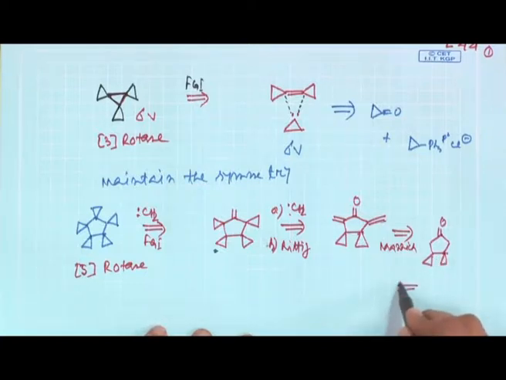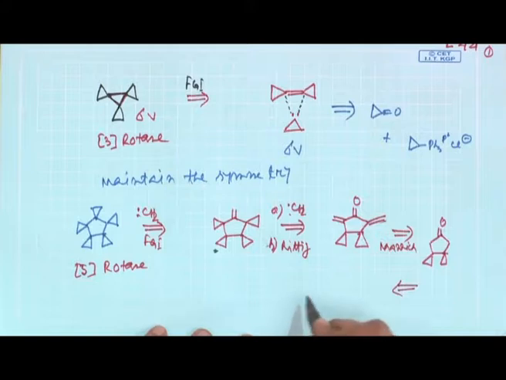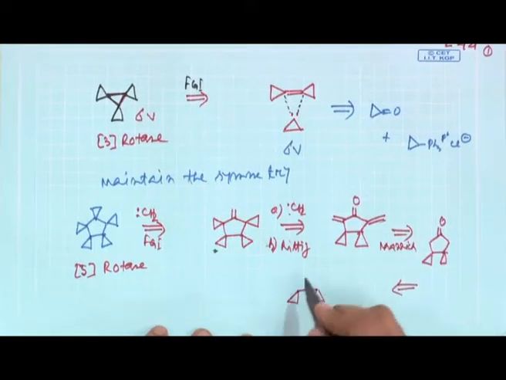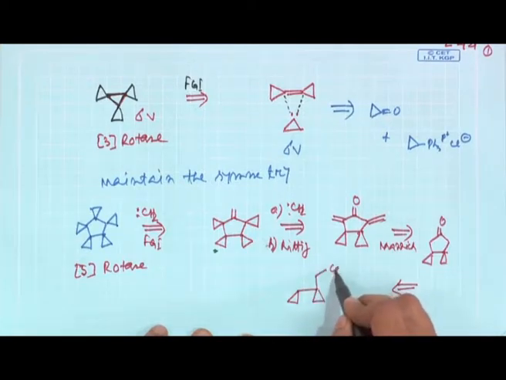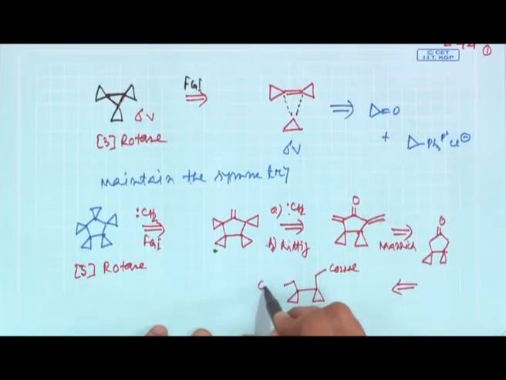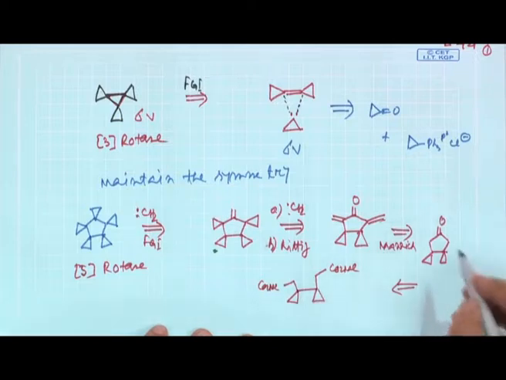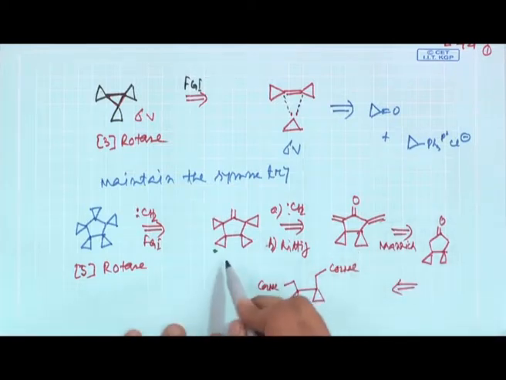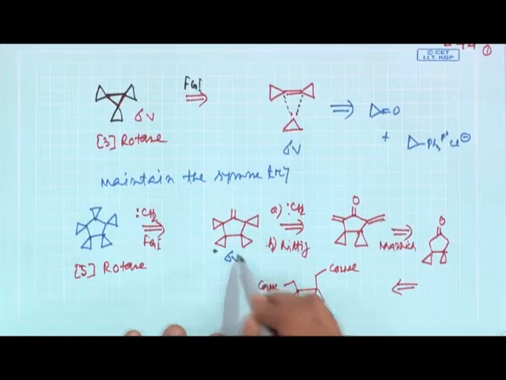Now, we will be doing this cyclopentanone synthesis using a Dieckmann reaction, which probably all of you know. We say Dieckmann reaction of a symmetrical species. If you analyze this species, it is sigma v.